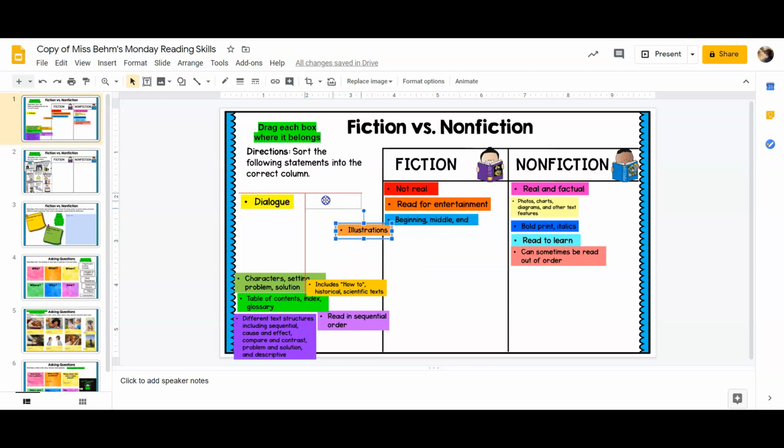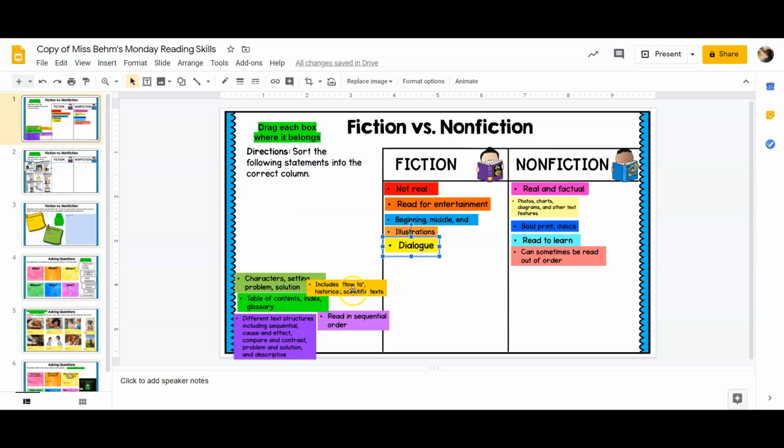Now, illustrations, you could have illustrations for nonfiction, but most of the time they're going to be more like photos, charts, diagrams, things like that. So we're going to put illustrations right here for the fiction. We know that with fiction, you're also going to have dialogue. So characters are going to speak to one another.